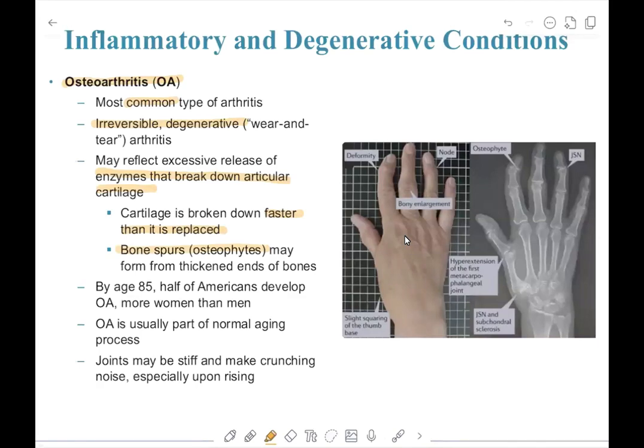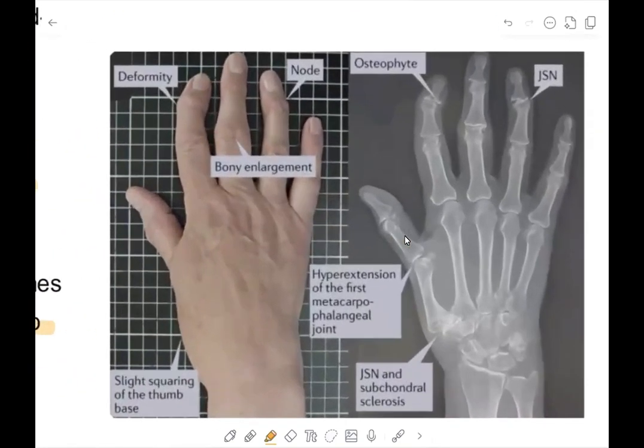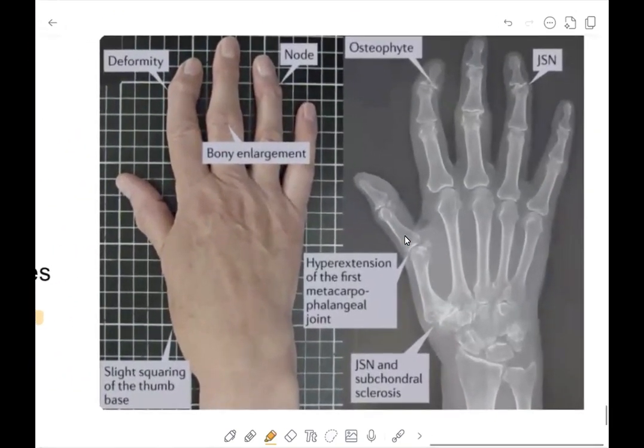But by the age of 85, at least half of Americans develop osteoarthritis. Osteoarthritis is usually part of the normal aging process, as I mentioned. Joints become stiff. Weather definitely can affect them, and they can make a crunching noise, especially when rising. So if we look a little closer at this image with the x-ray, we can see an osteophyte here.